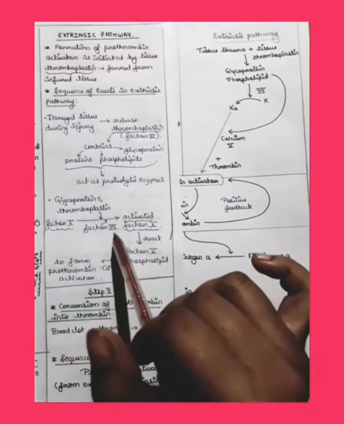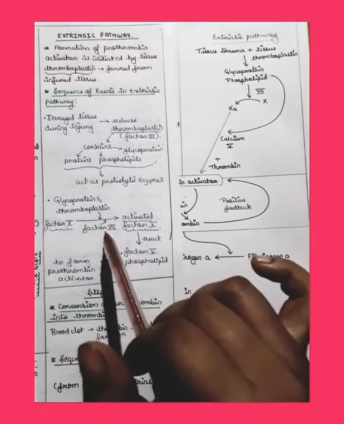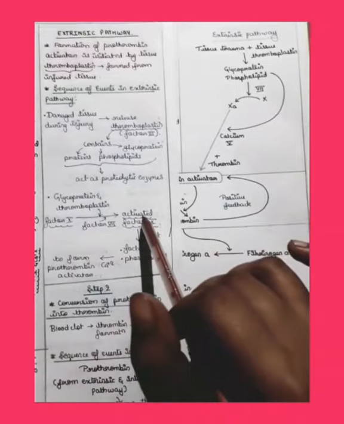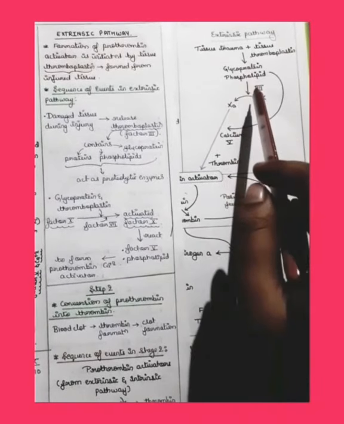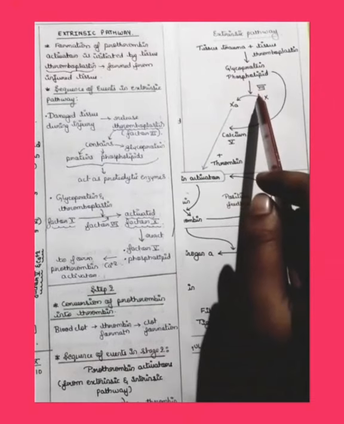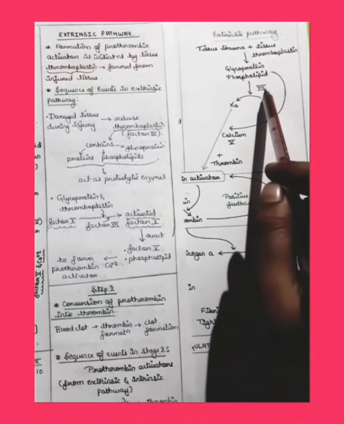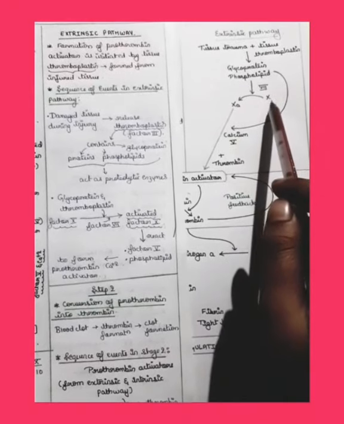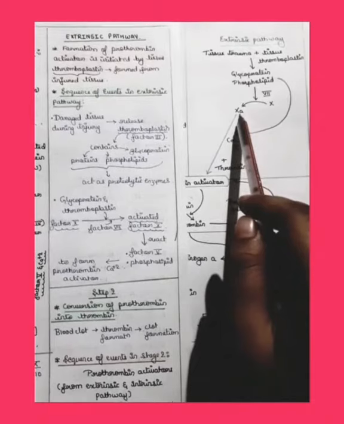The presence of factor 7 is also needed for this conversion. You can see here that these proteolytic enzymes, in the presence of factor 7, convert inactive factor 10 into active factor 10.